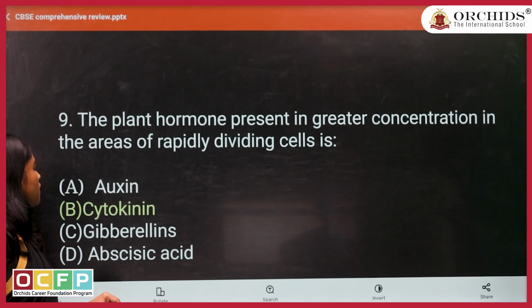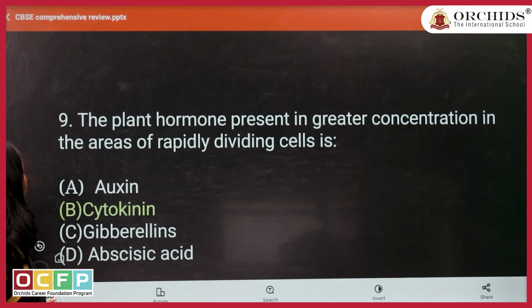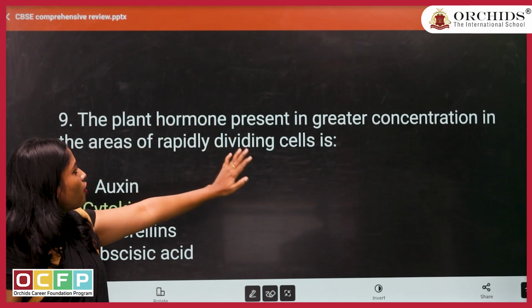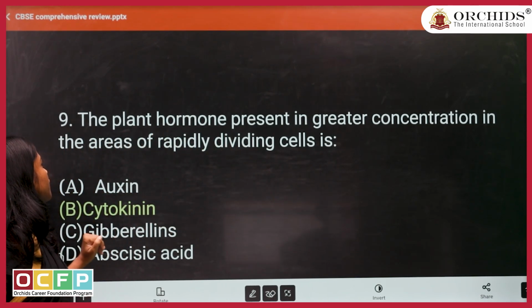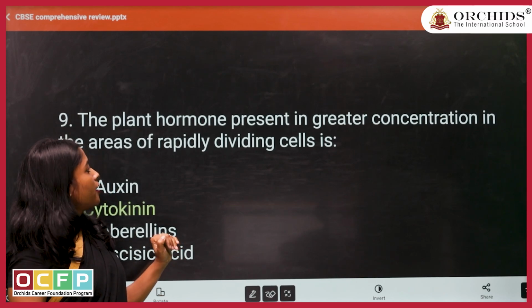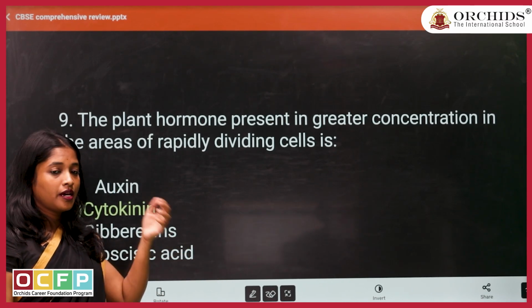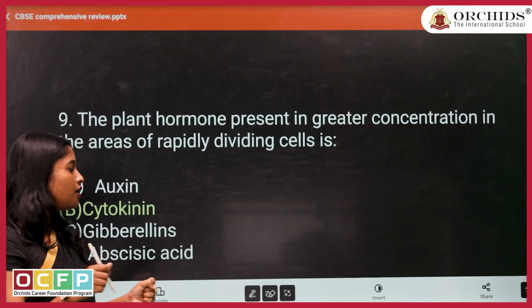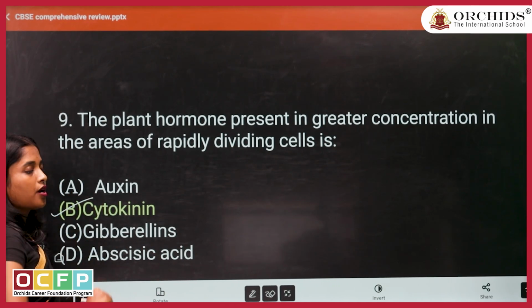Next MCQ in biology is the 9th question in the paper. The plant hormone present in greater concentration in the areas of rapidly dividing cells. The hormone responsible is cytokinin.